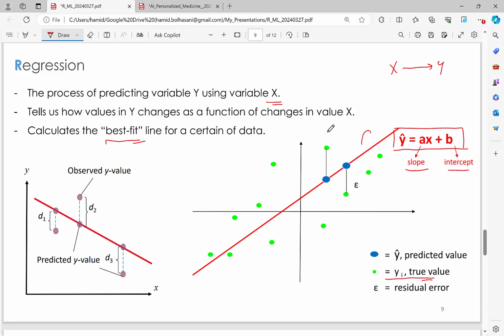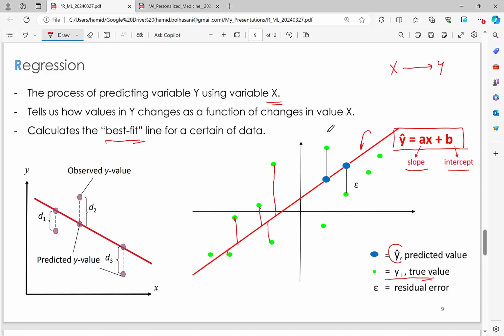So we fit this line based on regression, and this is the predicted value y prime, or y hat. We all know that the predicted value has some errors like this.